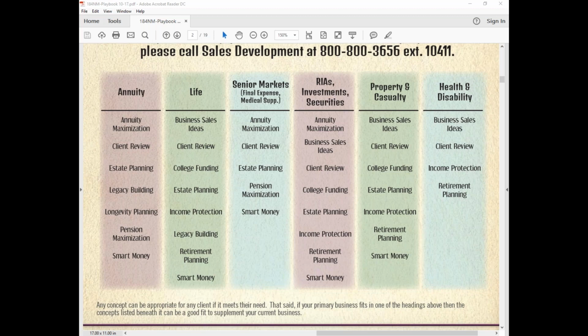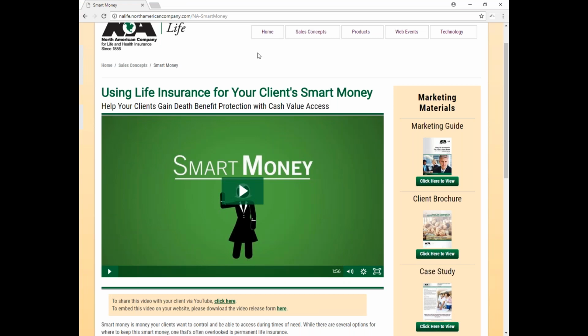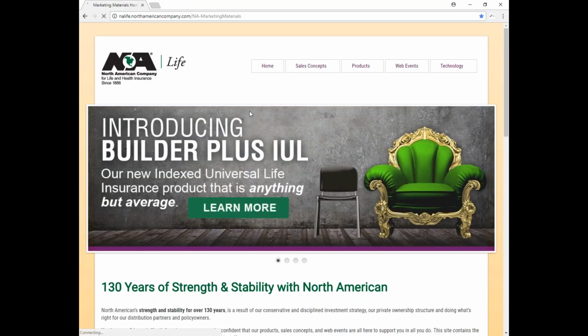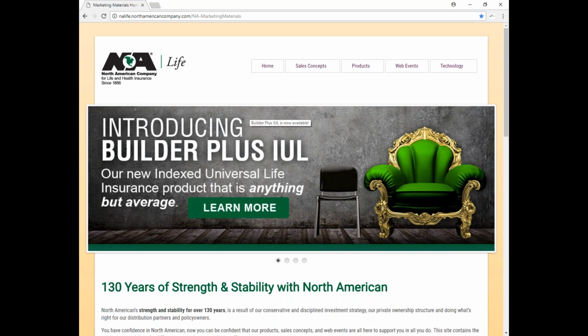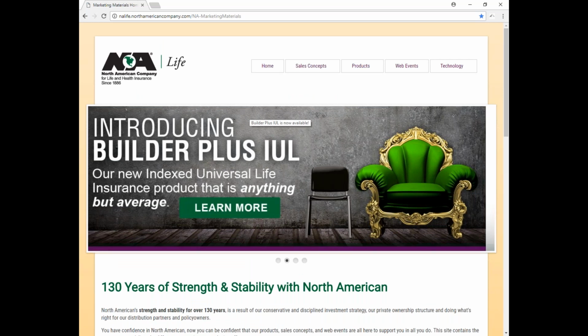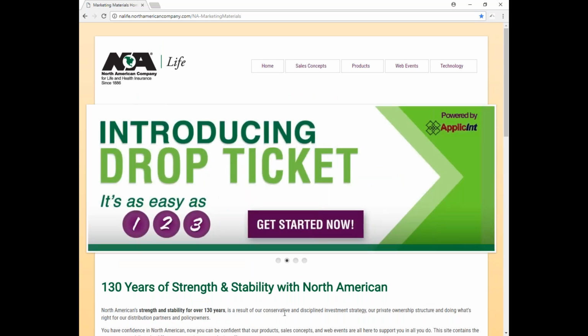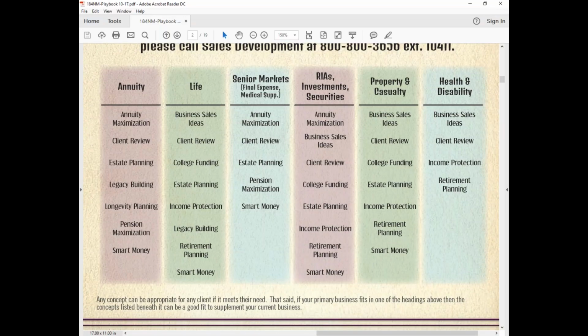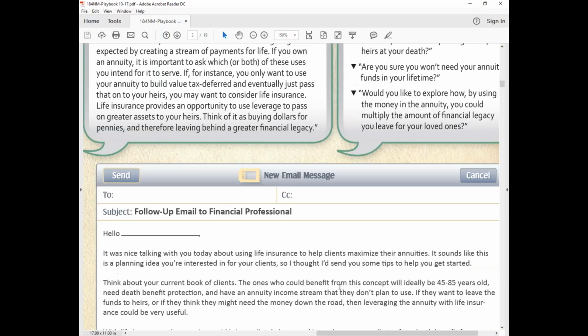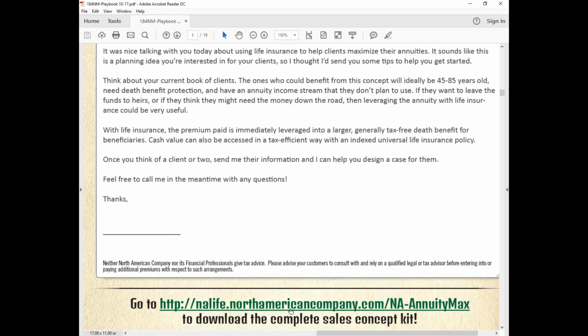Nicole, a question that came up was the website that you pointed out. Do those individuals need to log in to visit that, or is that a link that they can just get to via the website? Well, that's a great question. So, one, you'll be able to utilize the playbook, which has the links at the bottom of each concept that will take you to it. So that is one way to find this link as well.